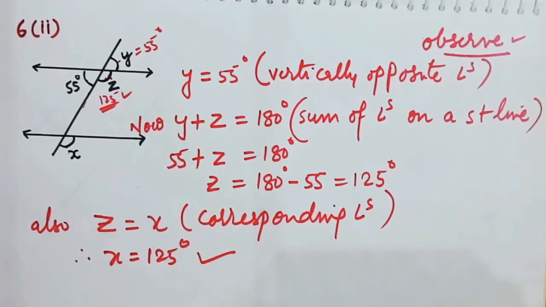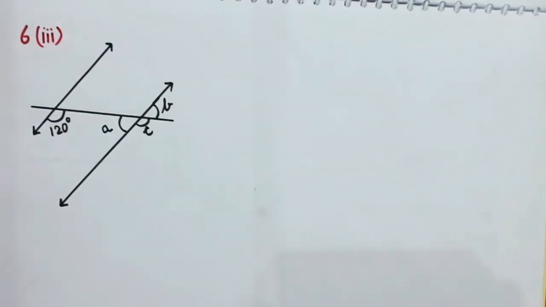So here we are seeing that until and unless we have an idea of alternate angles, corresponding angles, co-interior angles, vertically opposite angles, we cannot use its application. So all these sums are based on application.